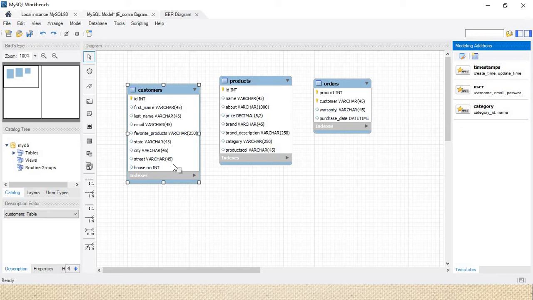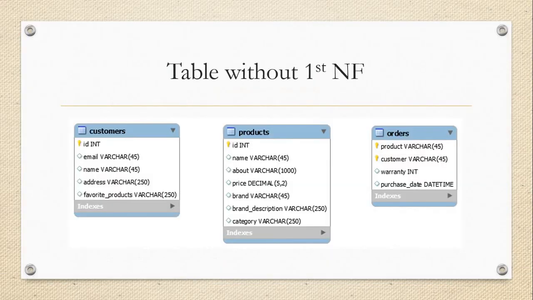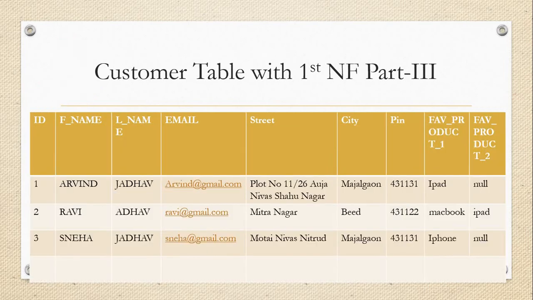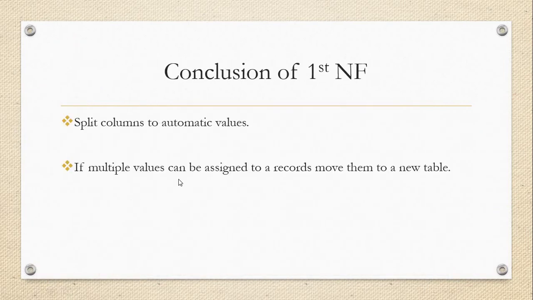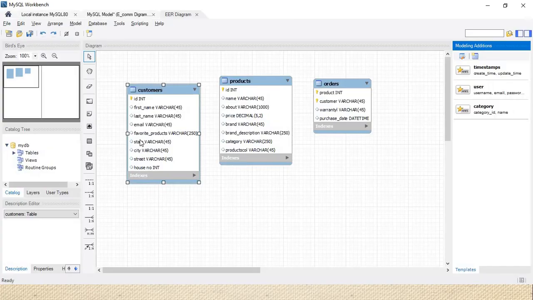Why do favorite products not follow the rule of normalization? Check the second rule, what I taught. The second rule says that if multiple values can be assigned to a record, then move them into a new table. What about favorite product?